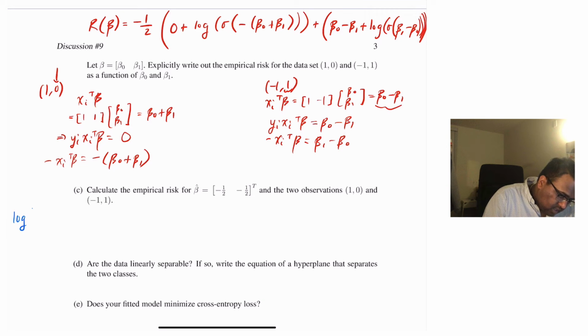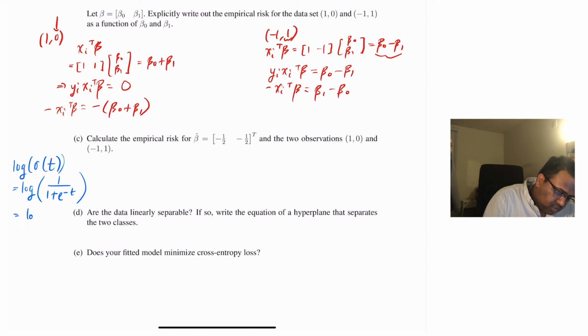Log of sigmoid of t is the log of 1 over 1 plus e to the negative t. Using log rules, I can write that as log of 1 minus log of 1 plus e to the negative t. But log with any base of 1 is just 0. So I can write this as negative log of 1 plus e to the negative t.